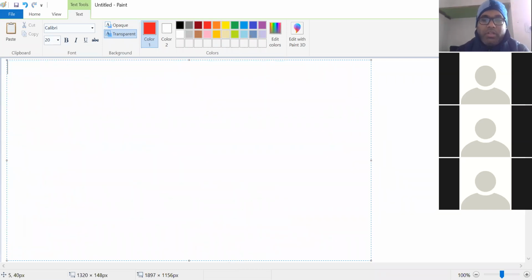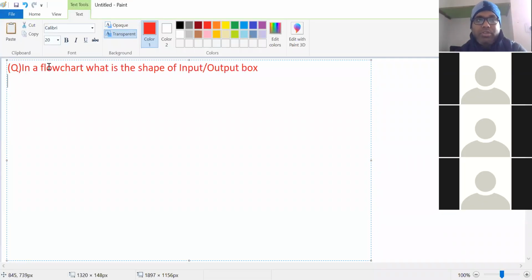Now the next set of questions. Try to answer this question everyone. In a flow chart, what is the shape of the input output box? The options will be like that.